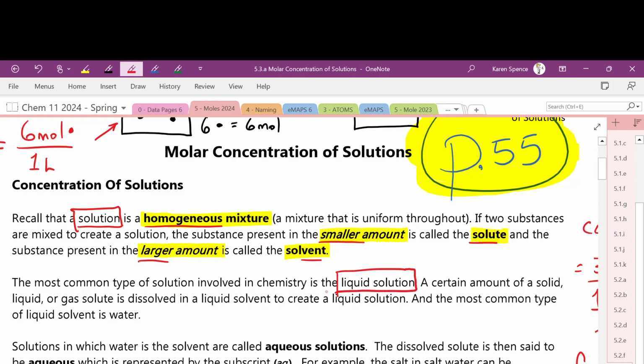So very often what we're doing is we are dissolving either a solid or liquid or gas solute in a liquid solvent. So that's the kind that we mostly use in chemistry. Can you guess what the liquid solvent is usually? It's usually water.